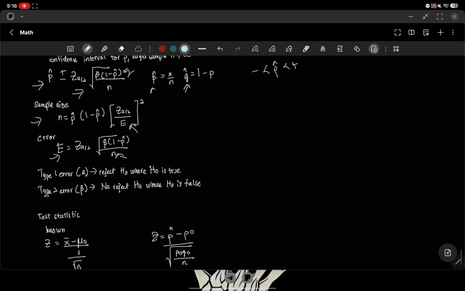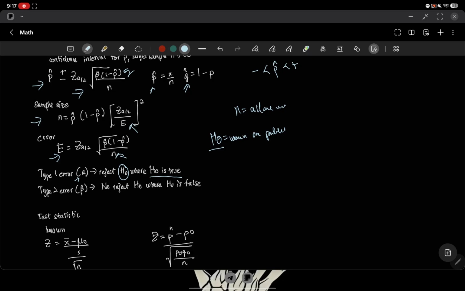Then we have two types of error. Type 1 error, the alpha error, is when we reject the H naught where H naught is true. For example, if H naught is women are prettier, and we are rejecting it, but in a sample of n where everyone is a woman, technically it's true.